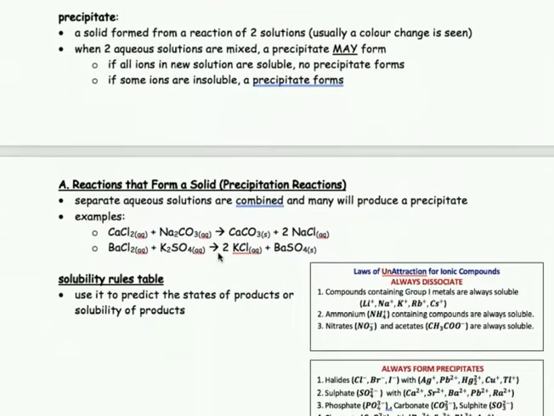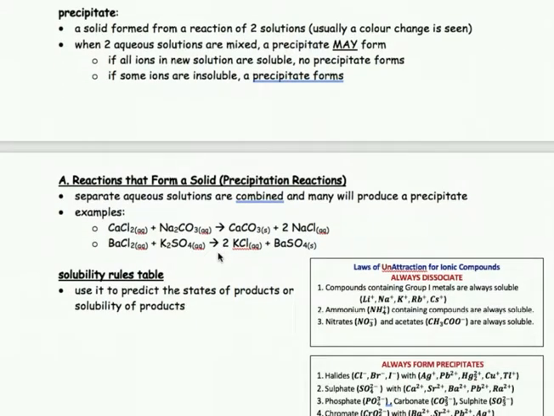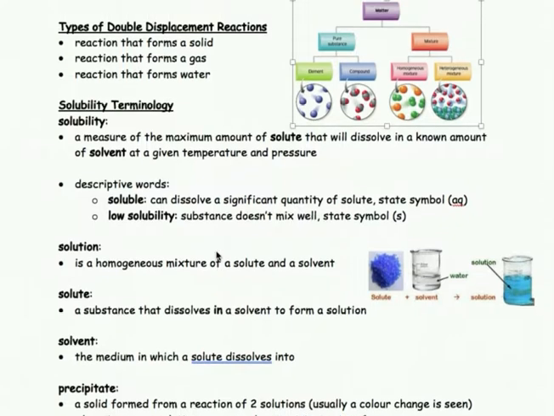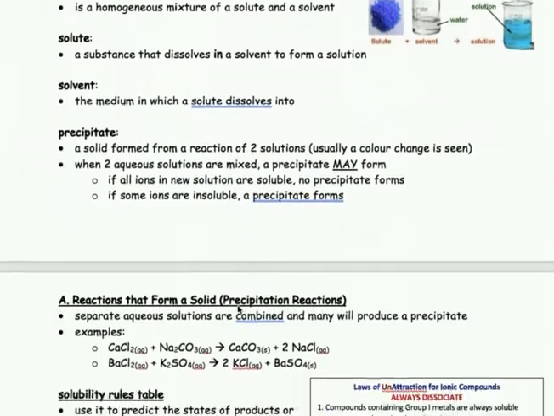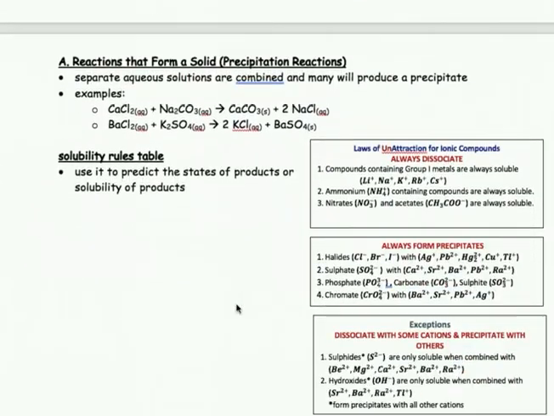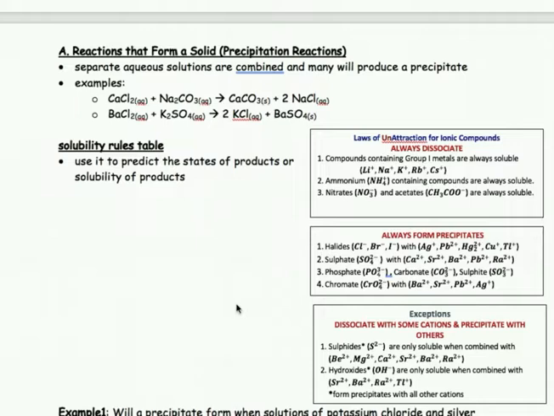Okay, so I'll move on here. So like I said up here, there are 3 types of double displacement reactions. So the first one, a reaction that forms a solid, that's the one we're going to study here in good detail. So looking here, the description is that you're going to have a couple aqueous solutions being mixed together, and you form a precipitate. So if you get a solid, then it's a precipitation reaction. So here are some examples.